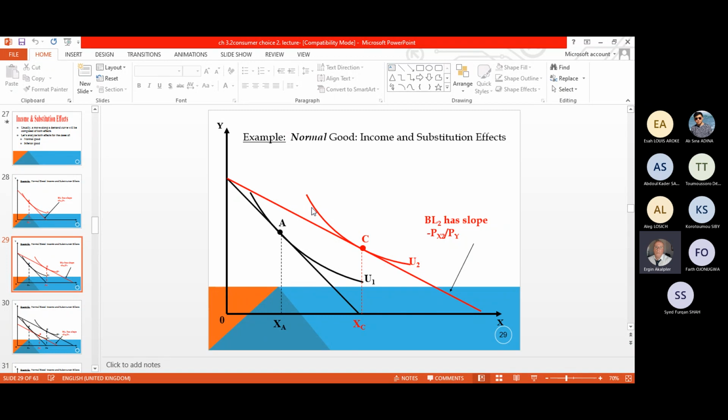For Y, if you look at points A and C, A is a little bit higher than C, and when you look at the x-axis, where XA and XC are shown, you are enlarging this product, isn't it?